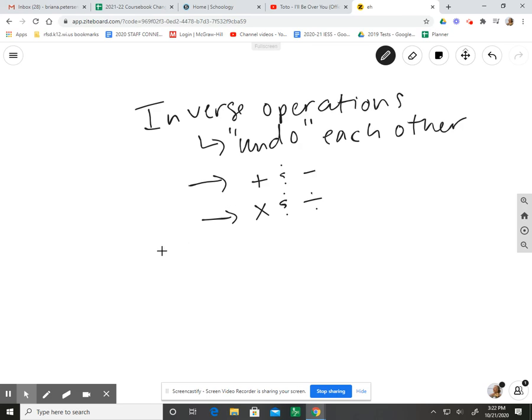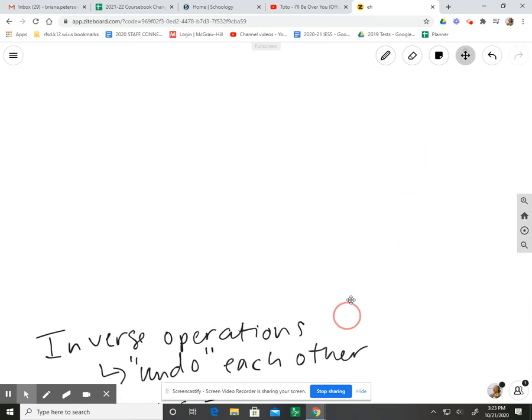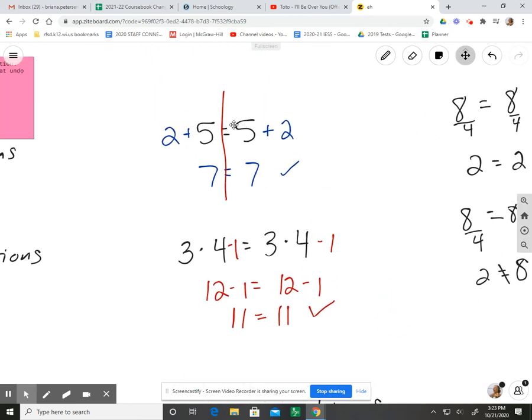The other thing that we talked about was this idea of equality, what it means to be equal. If one thing equals one thing, we have to do the same thing to both sides to keep things equal.